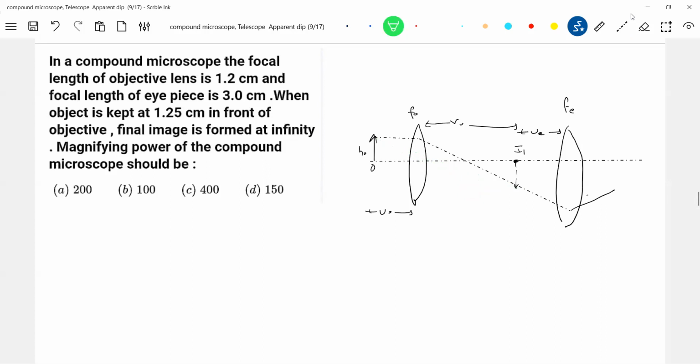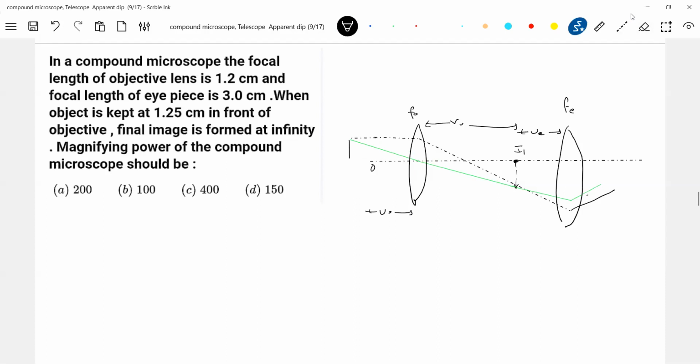We have to take one more, no? Here. There's the rough diagram.